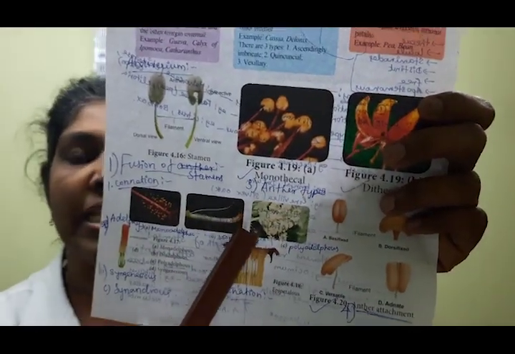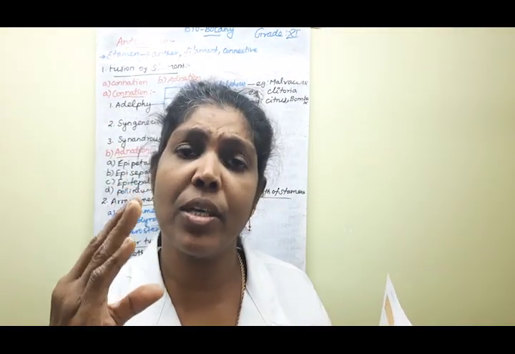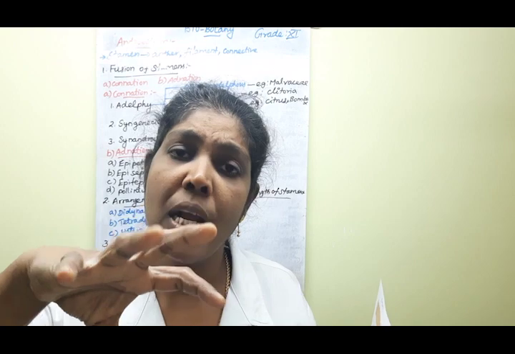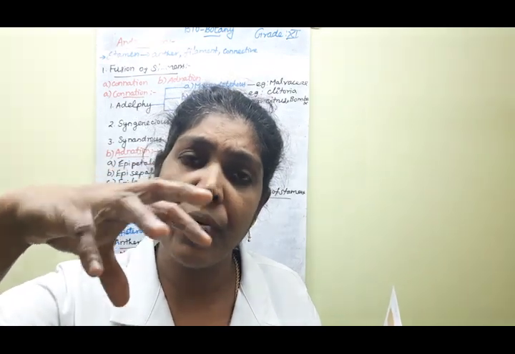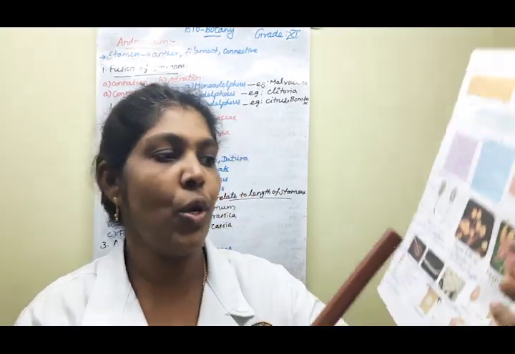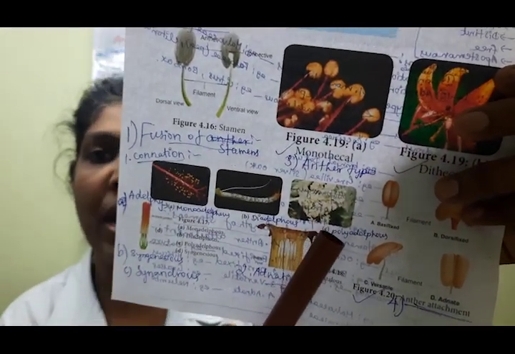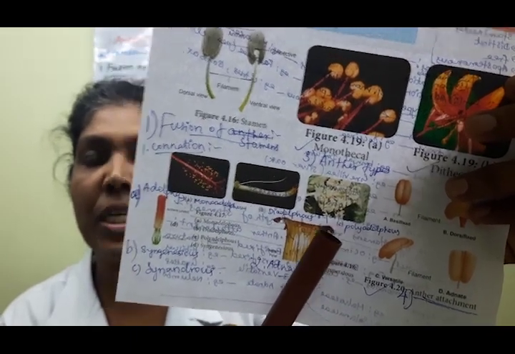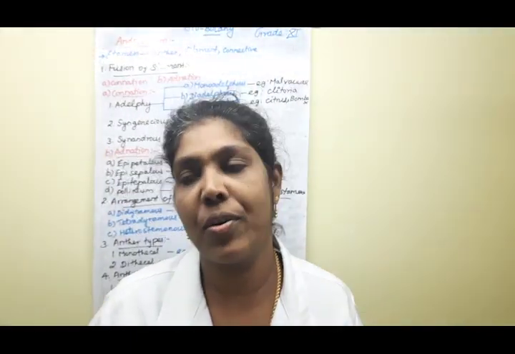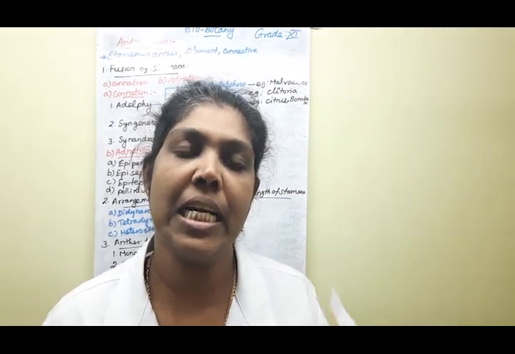Clear children? The third one, the filaments are united, fused to form many bundles of stamens. Here, this is the euphorbia species, and one of the specimens is Ricinus communis, commonly called castor.